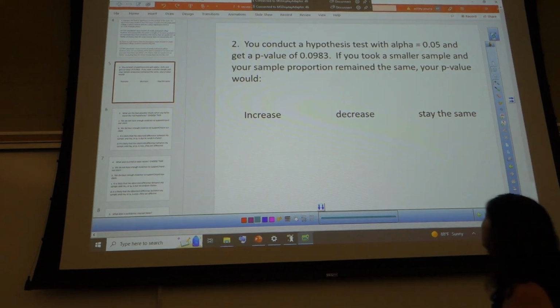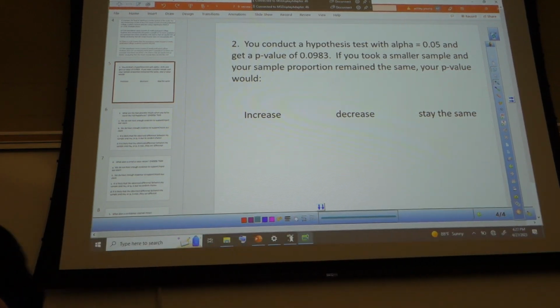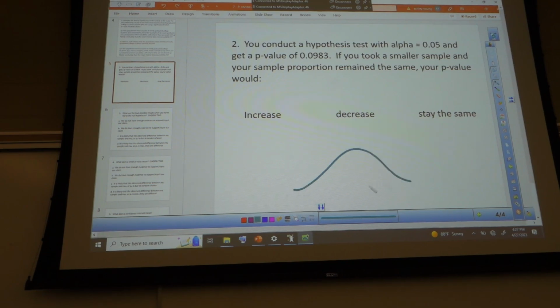Number 2. Rafa, read number 2. You conduct the hypothesis test with alpha 0.05 and get a p-value of 0.0983. If you took a smaller sample and your sample proportion remained the same, your p-value would... Right. So here is my situation, and my alpha is 0.05. And instead I get a p-value of 0.0983.